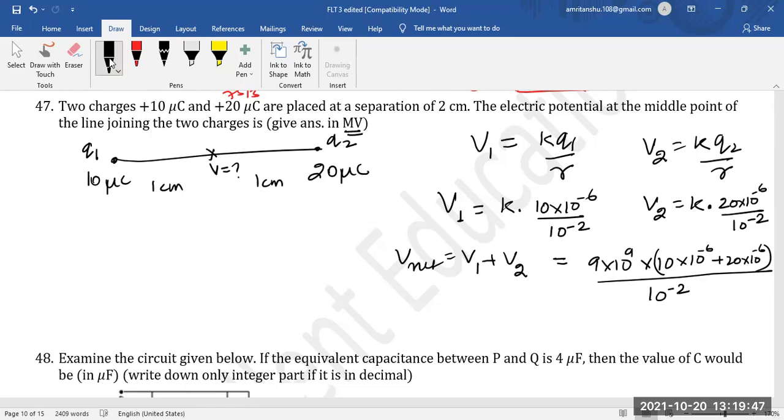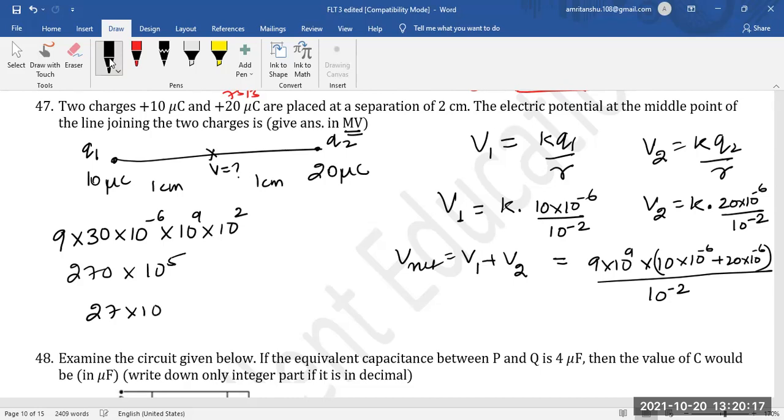So you get 9 into 30, into 10 raised to minus 6 into 10 raised to 9 into 10 raised to 2. So this is going to be 270 into 10 raised to 5, or 27 into 10 raised to 6 volts. Since the answer is asked in megavolts, it will be 27 megavolts. So that is our final answer.